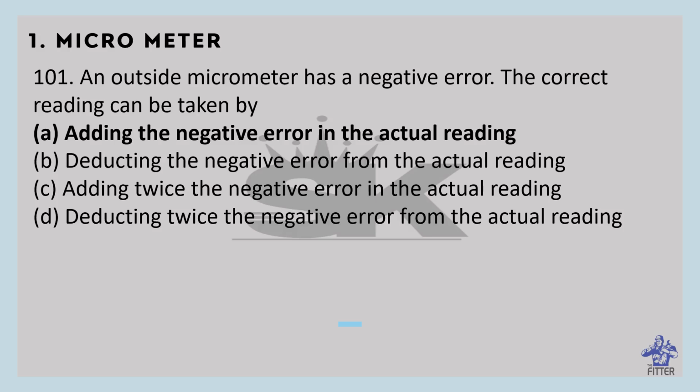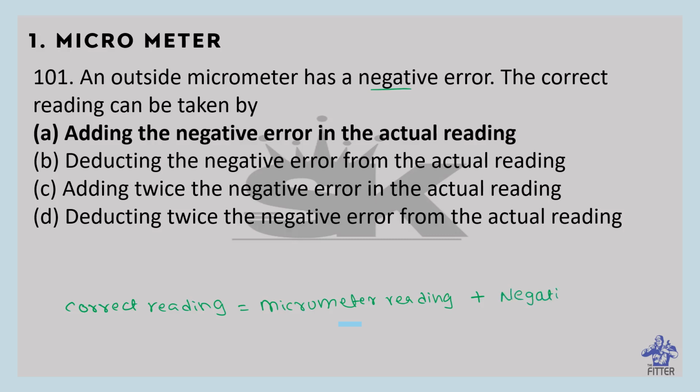So correct reading equals micrometer reading plus negative error. If it is negative error, then add it. Sorry, you may get confused, right?